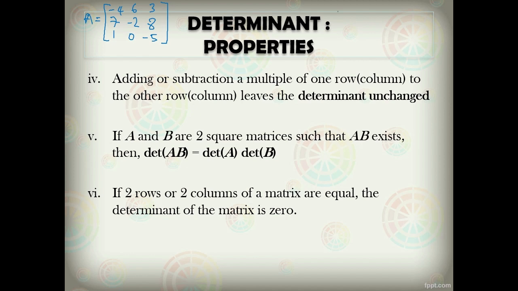Alright, so let's say you have A, which is 2, 5, 1, 4. Let us find the determinant of this matrix A. It is 2 times 4, which is 8, minus 1 times 5, which is 5.